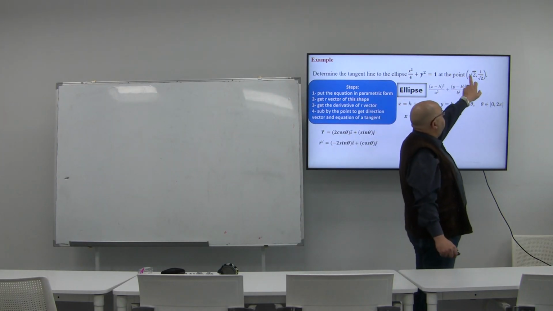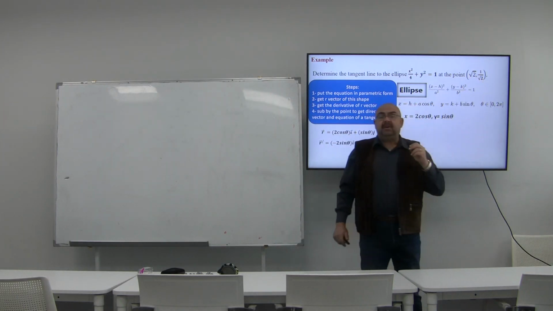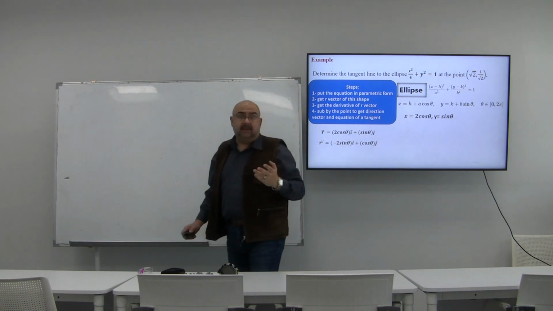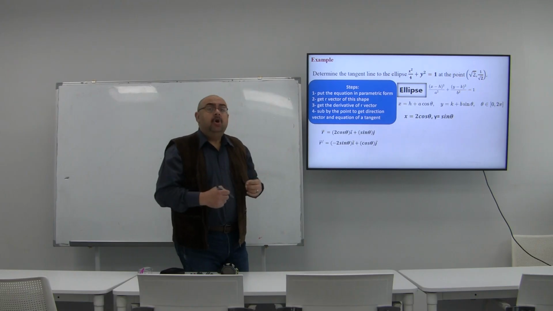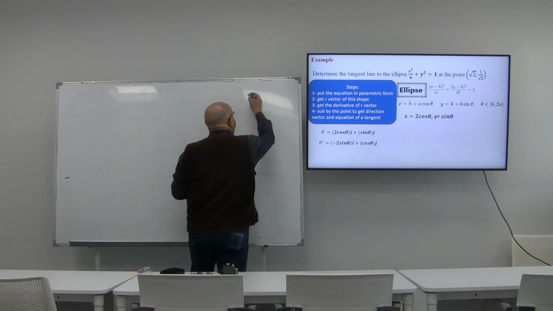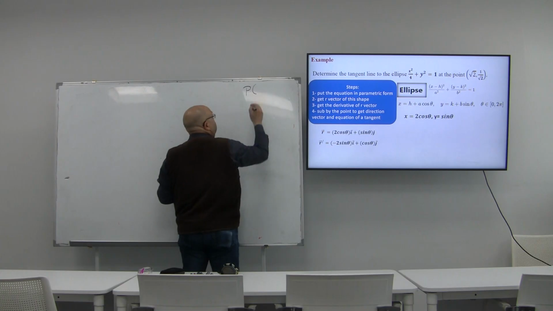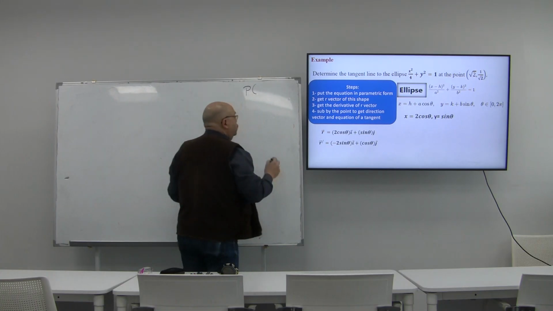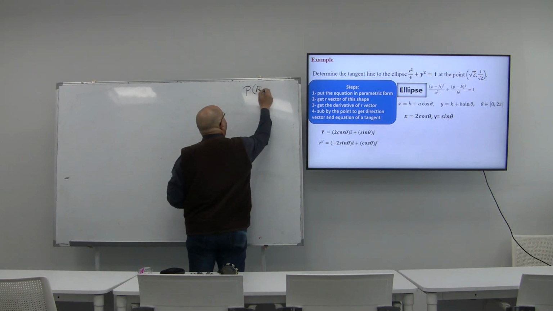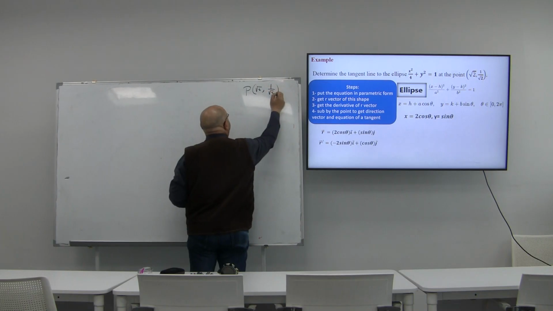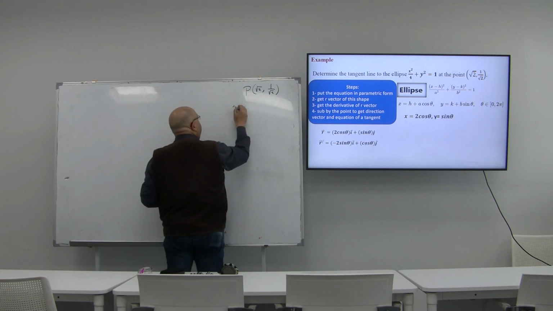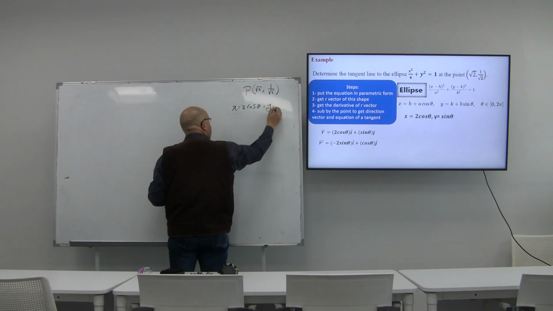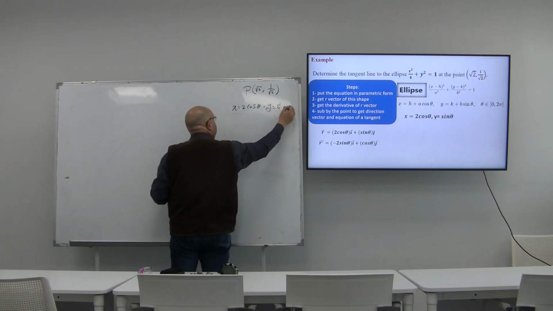The point given, root 2 and 1 over root 2, is given in Cartesian coordinates. So now I will have to get the value of theta corresponding to this point. Remark that this point is given by root 2 and 1 over root 2, while for the x component, you already said that x equals 2 cosine theta and y equals 2 sine theta.